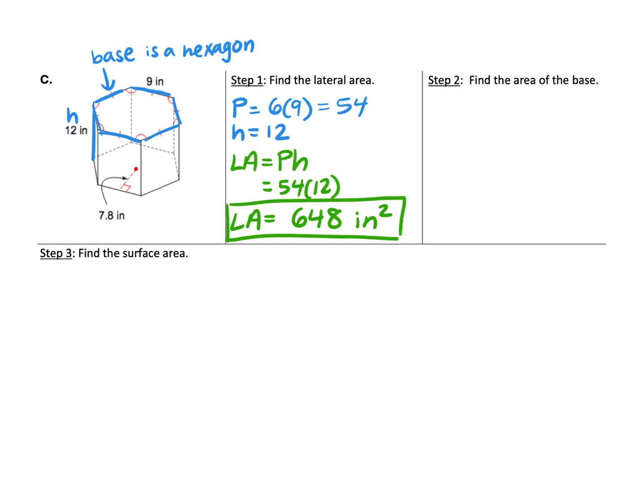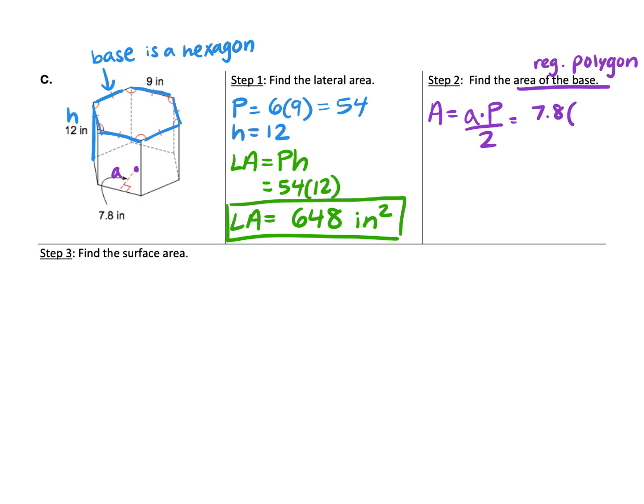Now let's move on to calculating the area of the base. For the area of the base, we have to identify that the base is a hexagon, which means it's a regular polygon. And if we go back to our formulas for the area of a regular polygon from Unit 9, the area formula for a regular polygon is area equals the apothem times the perimeter divided by 2. Now, the apothem is that 7.8 inches from the center of the hexagon to the side of the hexagon where it makes that 90 degree angle. So I have 7.8.